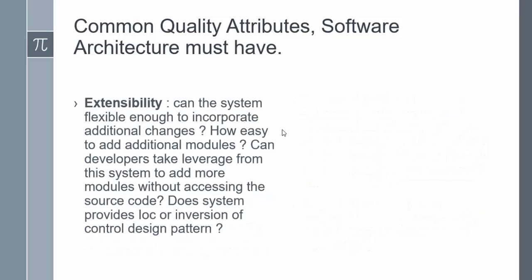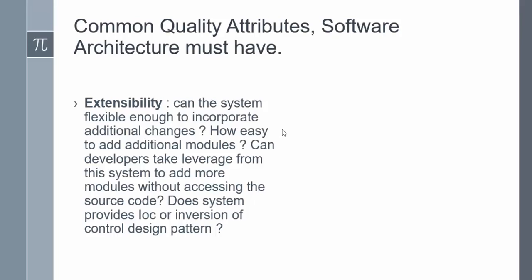Then comes extensibility. Is the system extensible or flexible enough to incorporate additional changes? How easy is it to add additional modules? Can developers leverage the system to add more modules without accessing the source code? Does the system provide the inversion of control design pattern? The inversion of control design pattern is for dependency injection, but it can also be used from the extensibility point of view.